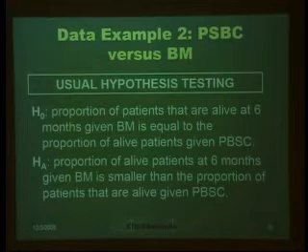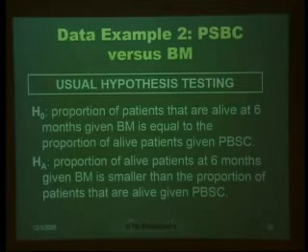If we construct a usual hypothesis test, my null hypothesis would be that the proportion of alive patients at 6 months given bone marrow, BM, is equal to the proportion of alive patients given PBSC. That would be my null. My alternative would be that the proportion of alive patients at 6 months given bone marrow is smaller than the proportion of patients alive given PBSC.